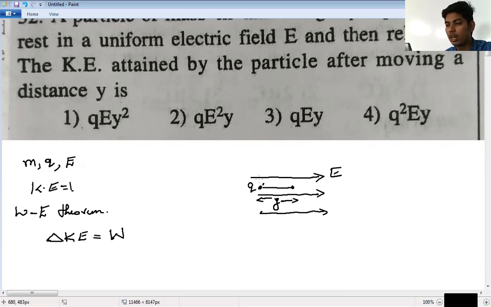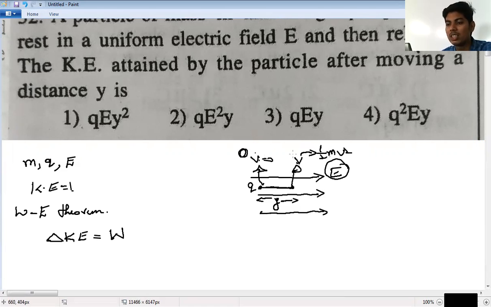Initially the charged particle was at rest, so its initial velocity was 0. Then the electric field was switched on and the particle starts moving, so it gains some velocity, say v. Its velocity has changed from 0 to v, so its kinetic energy must also have changed. Initially its kinetic energy was 0. Finally its kinetic energy will be half mv square.